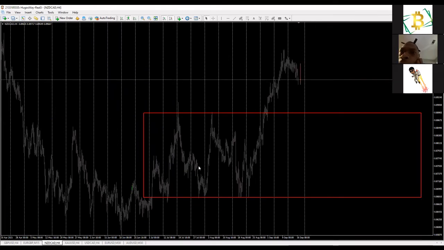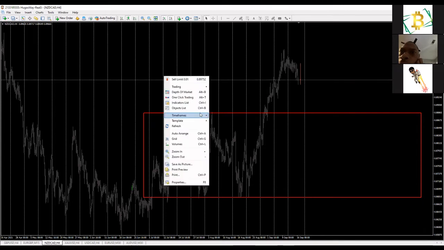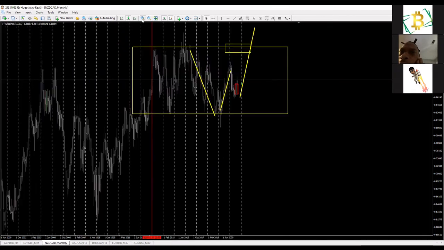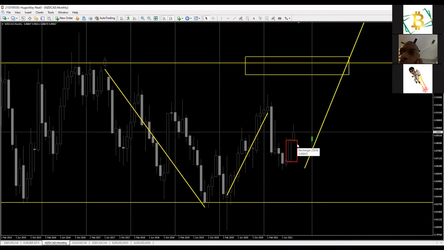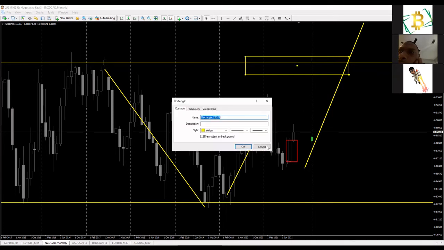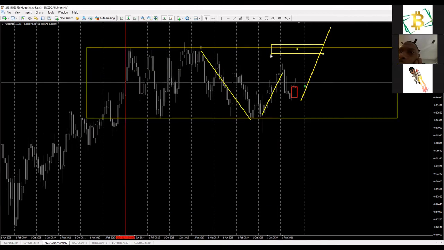So notice how this current month broke out of the previous month's range. This is another confirmation for our bullish trend heading up to this box here, to the top of the range. And notice how that top of the range lines up with previous pattern structure here.